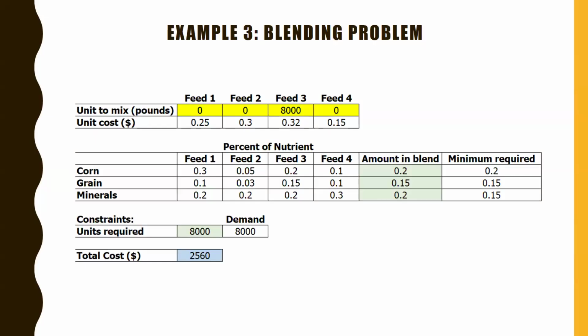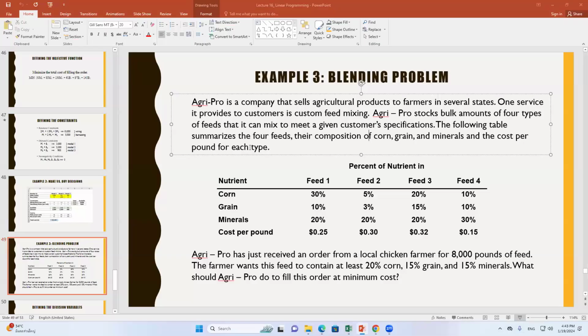And also the same, you construct the spreadsheet. We have the number of pounds for each feed, the unit cost, the percent of grain and mineral, the remainder, and total cost.